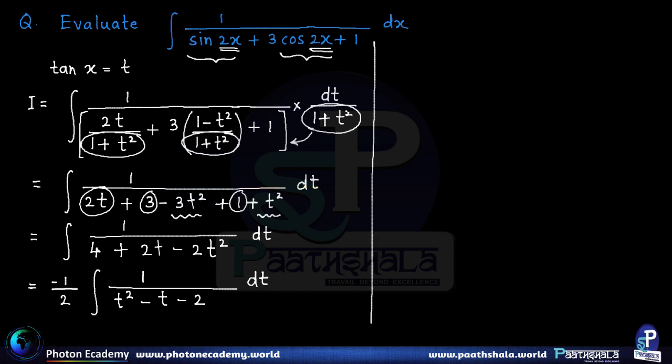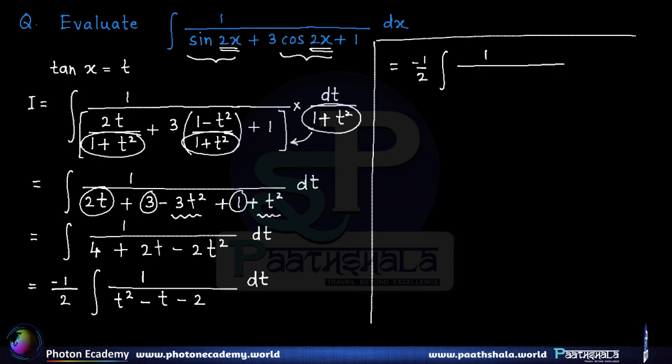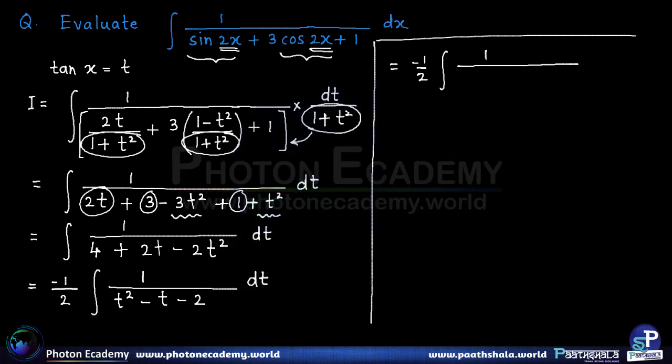Now this will get simplified as follows. Here we have minus 1 by 2 integral of 1 upon. We have to complete the square in the denominator. For that, as we already have t square minus t, to complete the square we need plus 1 by 4, isn't it?